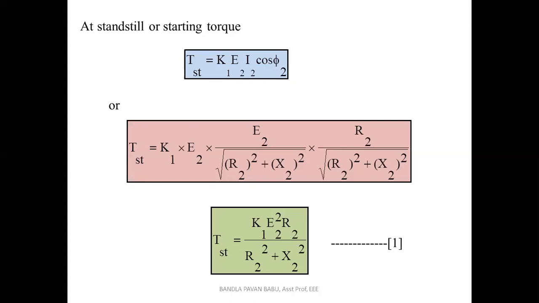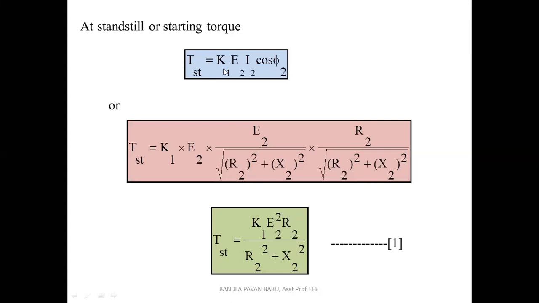That is the case at standstill or starting torque, where the maximum torque is obtained. Let us denote it as TST. In some textbooks, you can find it as tau st. Starting torque equals K1 into E2 into I2 into cos phi 2.